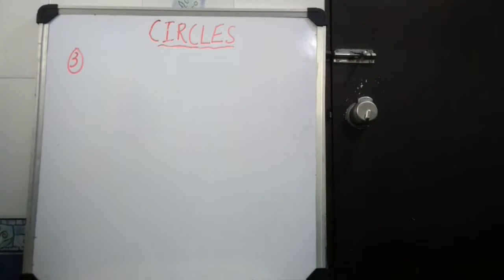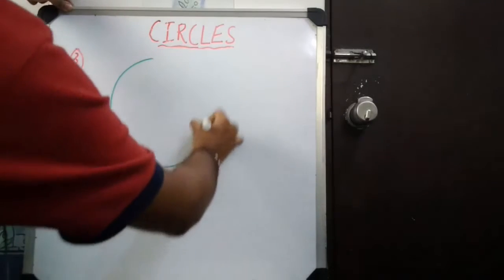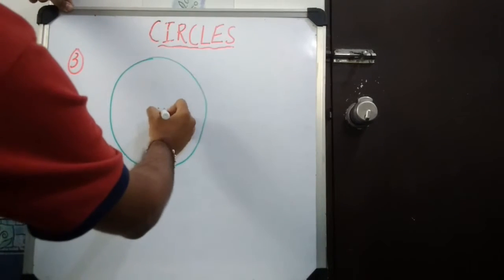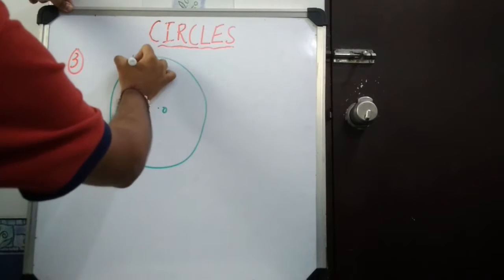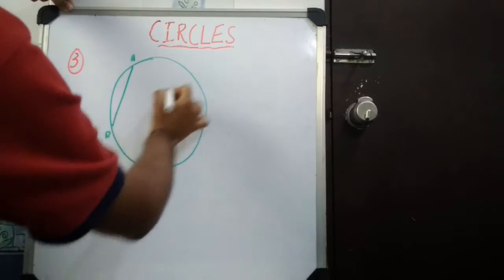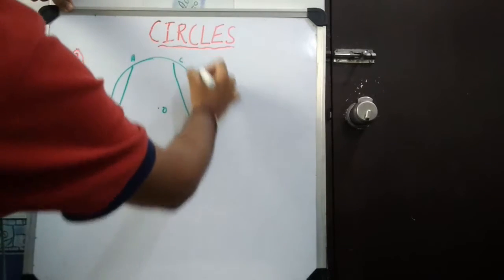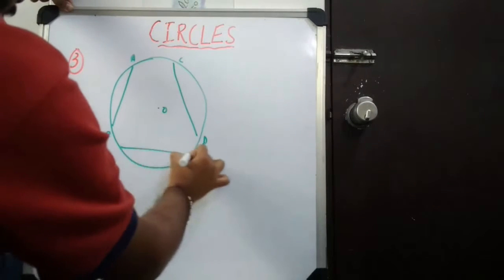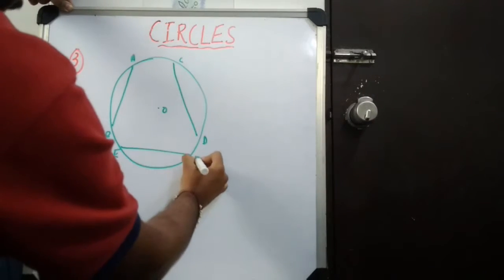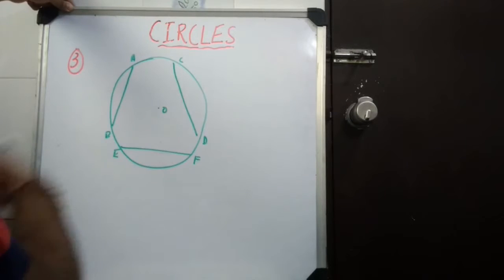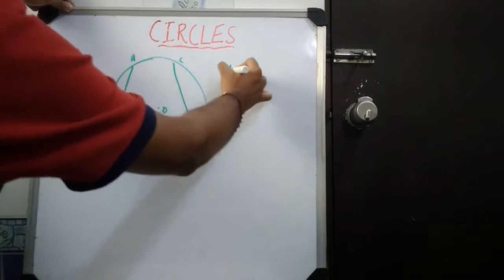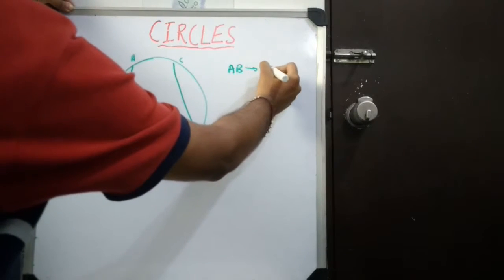Focus on the third one. The third one is a little bit tricky, but you'll enjoy this one. So follow along. Let me say AB is a part of a hexagon.